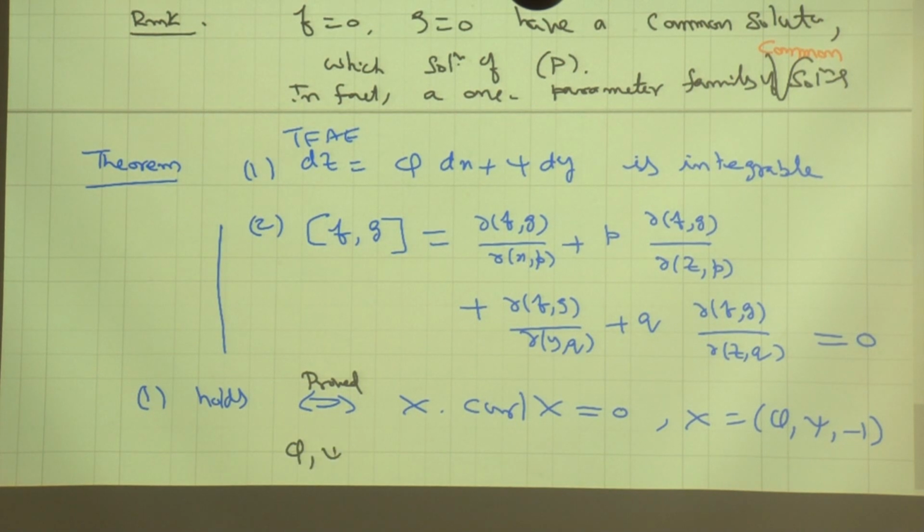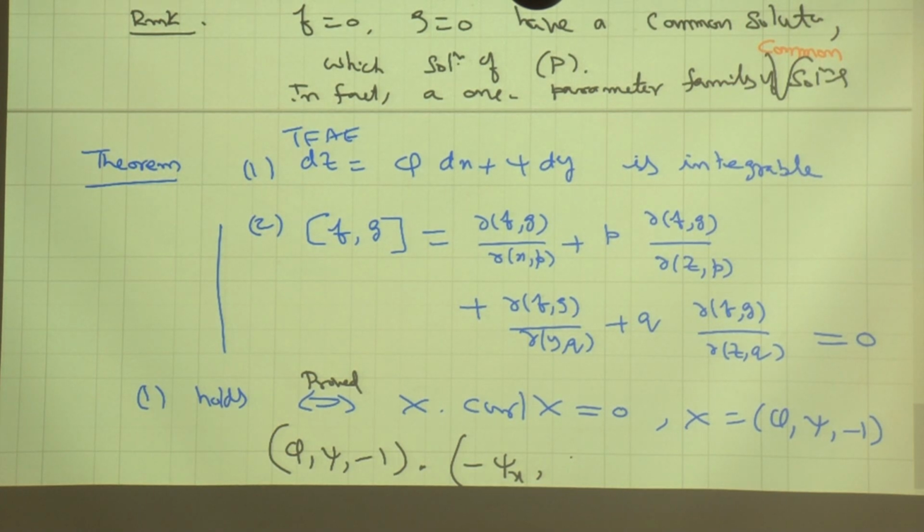So it is (phi, psi, minus 1) dot product with the curl of (phi, psi, minus 1), which is actually minus psi x, and so on. This may be a typo. Where is phi? Phi psi into phi z.